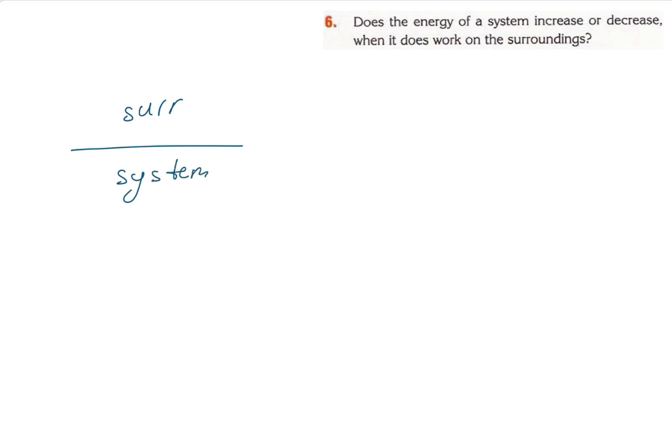When the system does work on the surrounding, that means the system is expanding into the surrounding. That means it is using its own energy to do some work. So the system is going to lose some amount of energy.